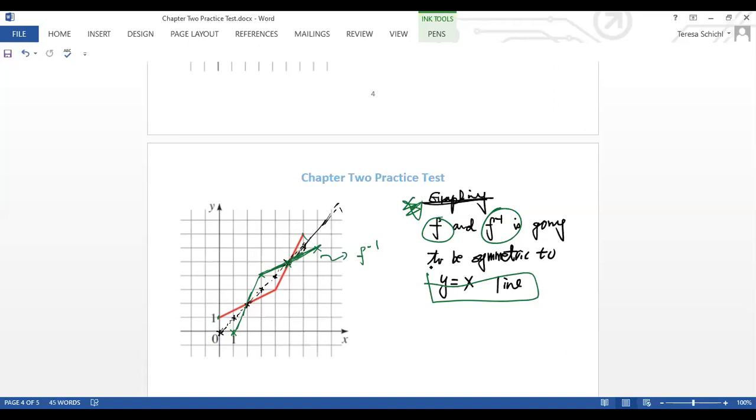And of course, how to find the domain and range, and what the vertical line test and the horizontal line test are. Those are the key concepts in chapter 2. I hope this helps you review the chapter 2 topics and refresh your memory about what chapter 2 is about.